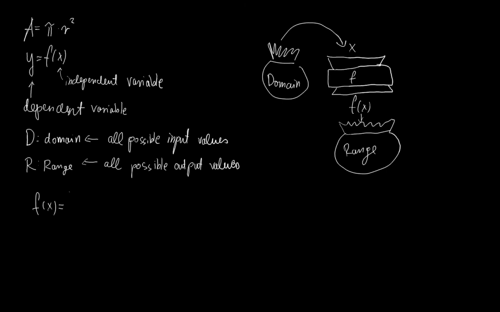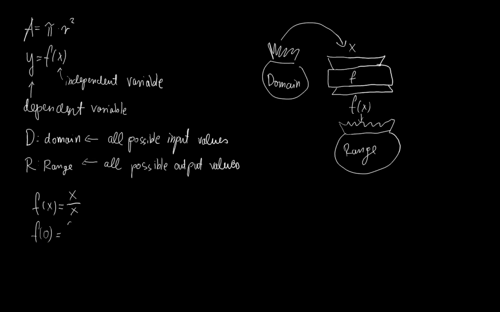Now let's see an example for this. Consider f of x equals x over x. Now you may ask, why don't we simplify it? Because there is the exact same thing in the numerator and the denominator, and something divided by itself is just 1. You're almost right, but no, because consider the case f of 0.